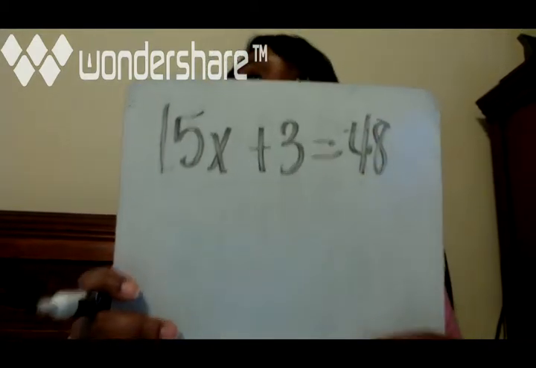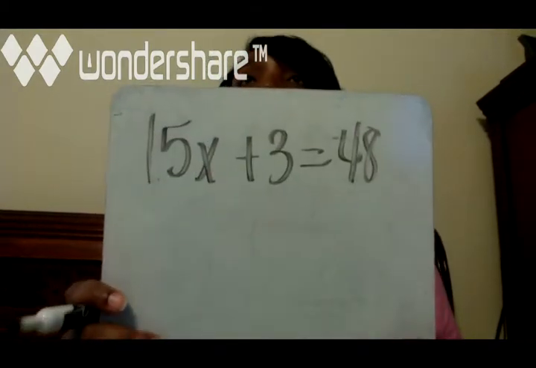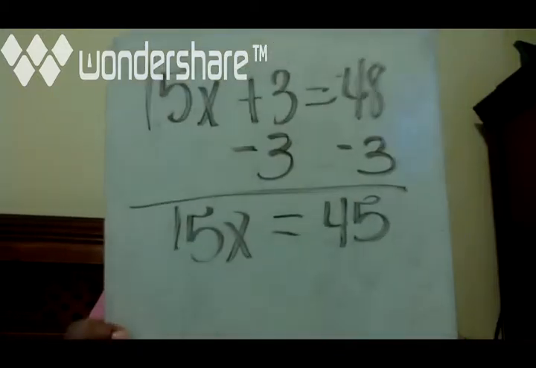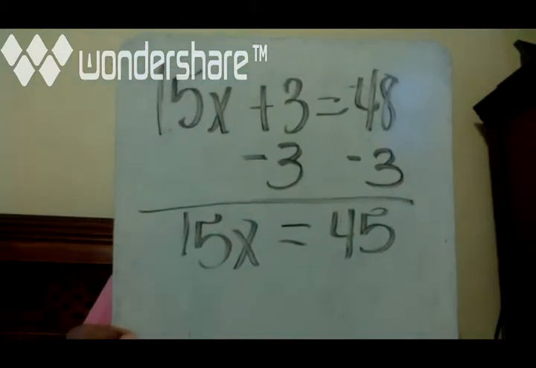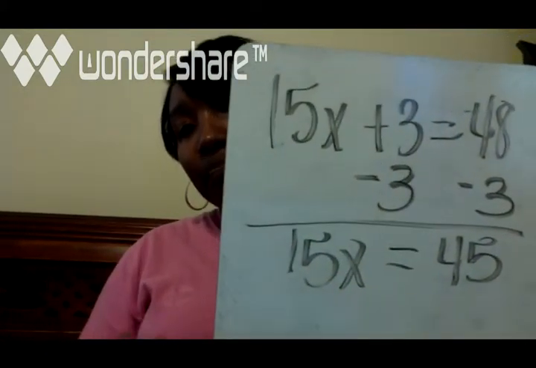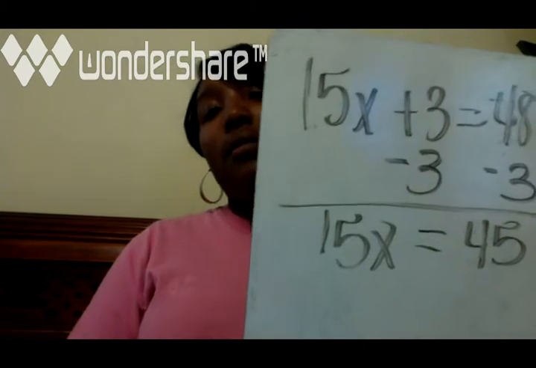It is a positive 3, so the inverse operation would be subtract. Subtract it from both sides. We're left with a one-step equation, which is 15x equals 45.